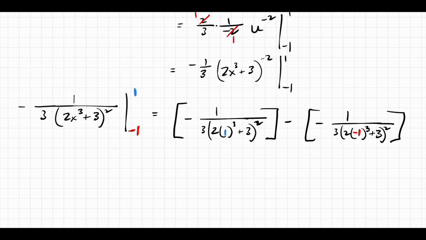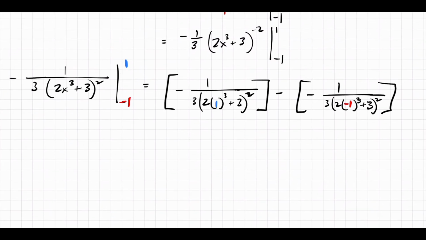Simplify, subtract, see what you get. Let's see. So on the bottom, 1 cubed is 1, times 2 is 2, plus 3 is 5. 5 squared is 25, times 3 is 75.